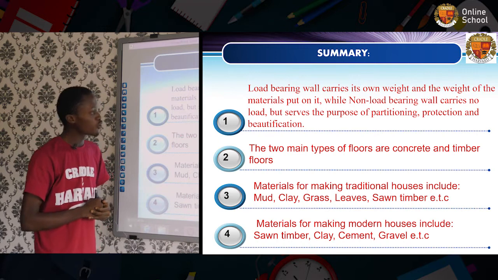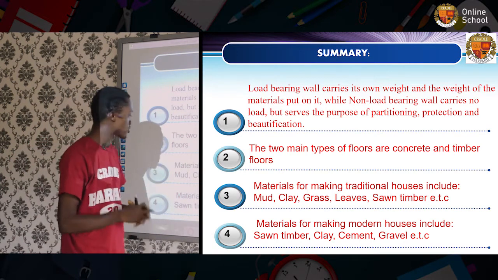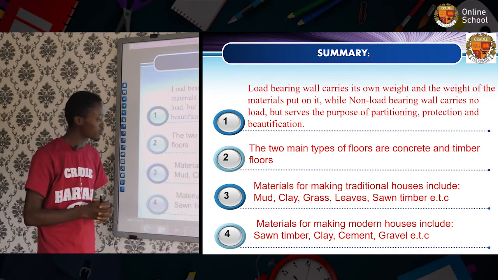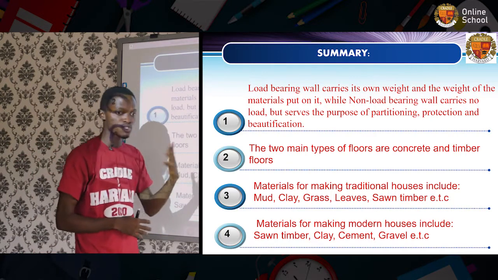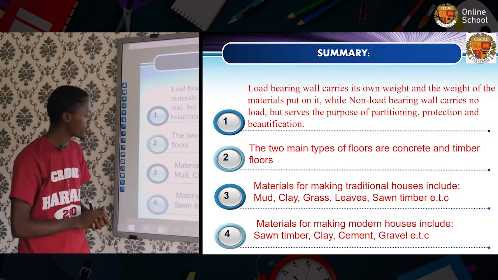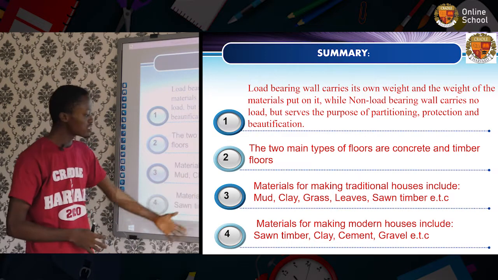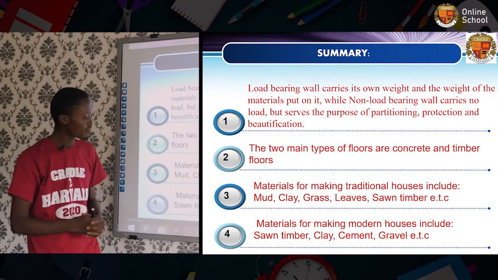Two main types of floors are concrete and timber floors. Materials for making traditional houses include mud, clay, grass, leaves, sun-dried timber, and many more. Materials for making modern buildings include timber, clay, cement, gravels, and many more.